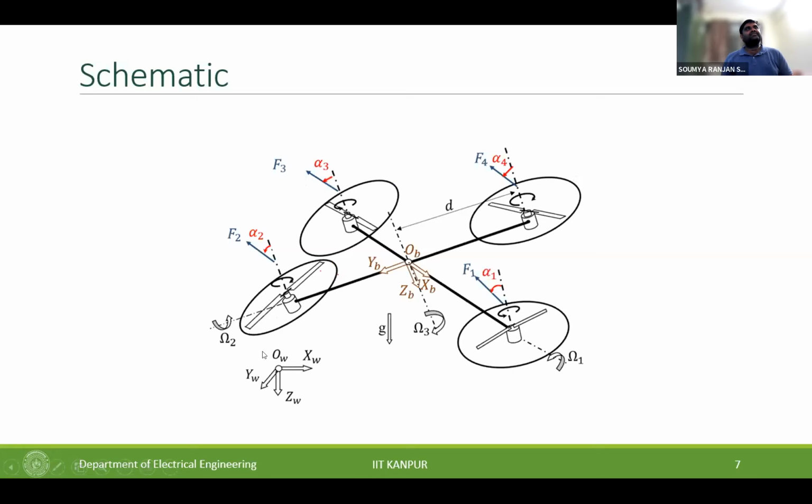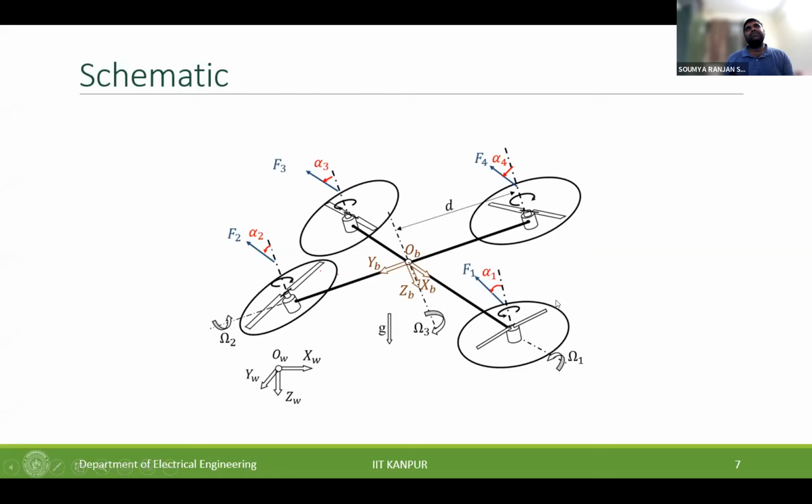So this is a schematic that shows how the forces are now not only along the rotating axis of the propeller, perpendicular to the body frame, but can be at any angle relative to the body frame. But in the experiments that I'll show you, to start with, we had coupled the angular motion of these rotors, basically the tilting of the diagonal rotors together.